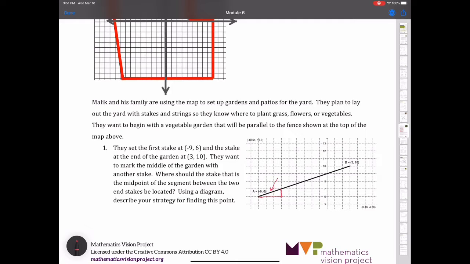However, if we keep using those slope little right triangles, we can see that it actually takes 4 of them in order to go the entire length of that line there, the parallel line that they've plotted. Which, if it takes 4 of them, we know that the midpoint of 4 is just 2, so we can actually just look at 1, 2, and that means that our midpoint is right here.